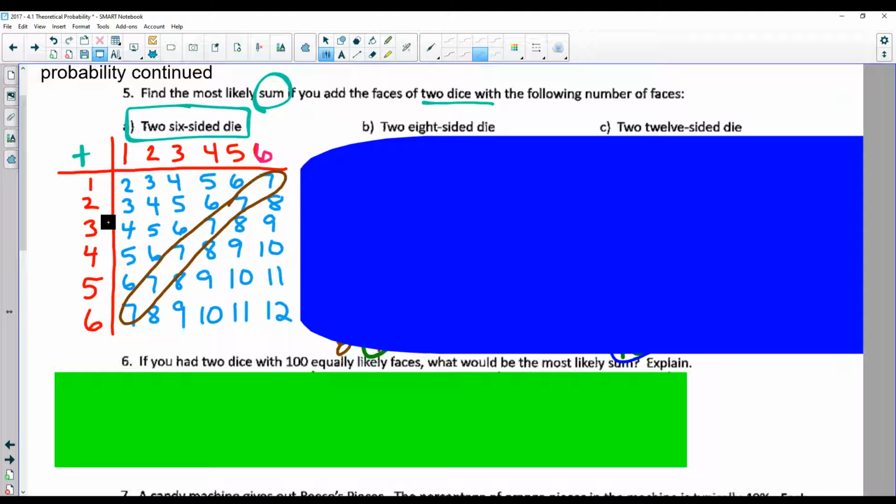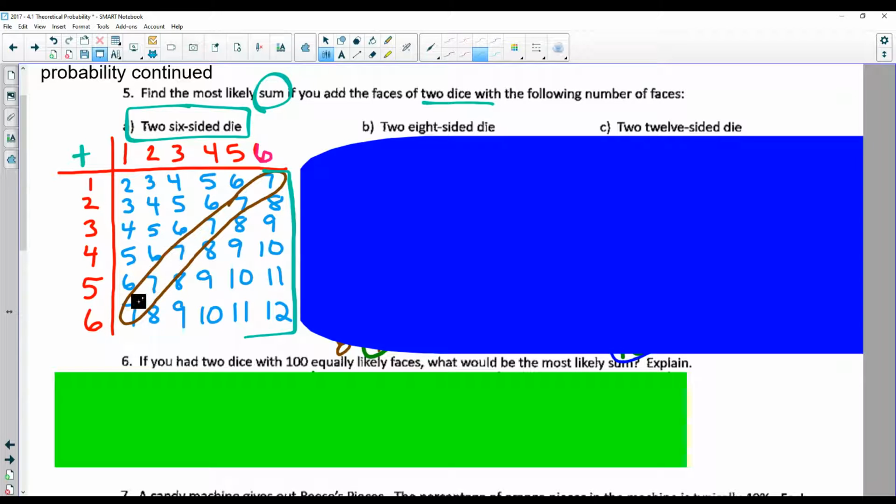Our sample space would be 2 through 12 because we have all the numbers 2 through 12. But remember, there are 36 outcomes in this box. There's 36 outcomes that we have to choose from. Now, the most likely sum, if you look at the number that occurs most often, that is the 7.